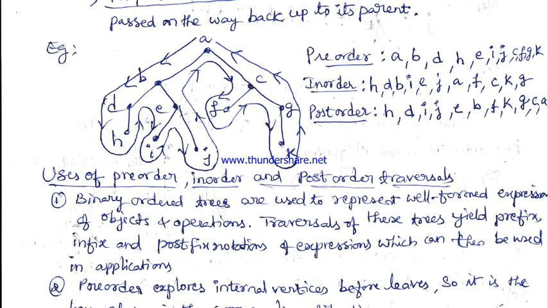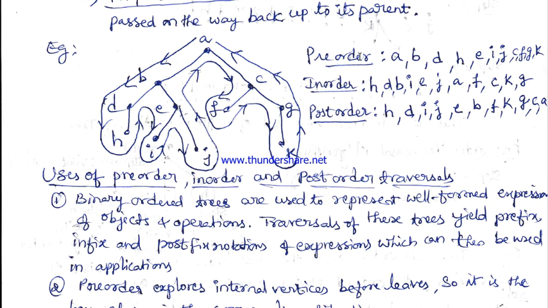In this method, starting at the root vertex as I have shown here in the diagram, starting at the root vertex A, we draw a continuous curve in this way, moving along the different edges of the tree in anti-clockwise direction.